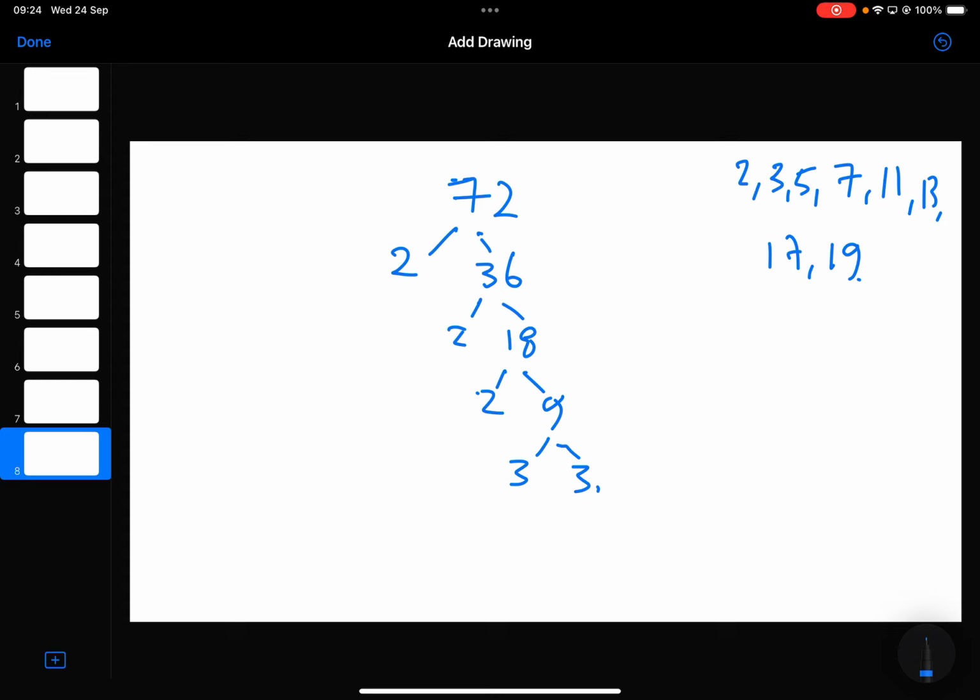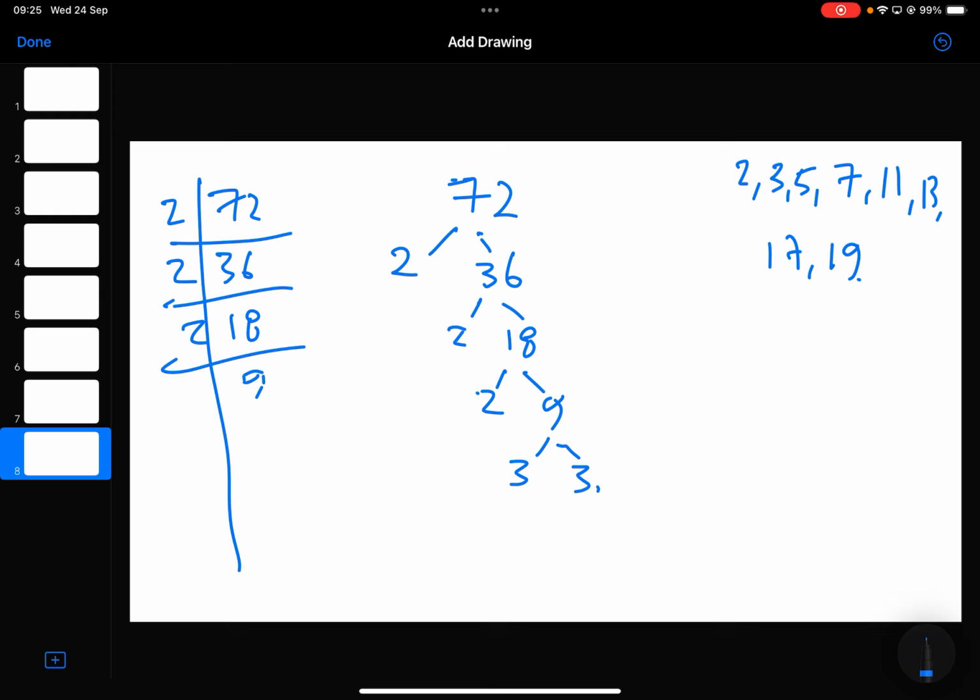Whether you write it like a pyramid or a tree, or in a ladder form, the steps are all the same. I keep dividing by the smallest prime number followed by the next smallest prime number. So same, I divide by 2, I can still divide by 2, I can still divide by 2, I cannot divide by 2 anymore, so I try 3.